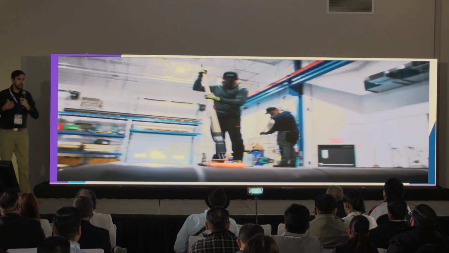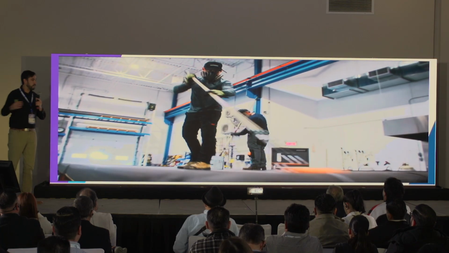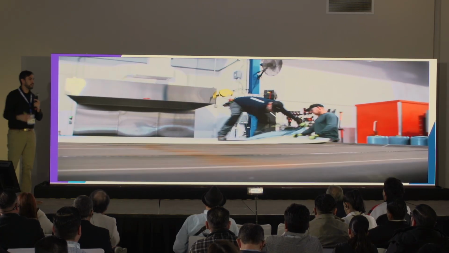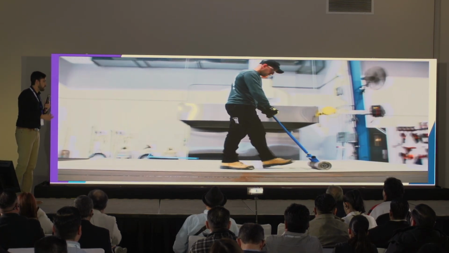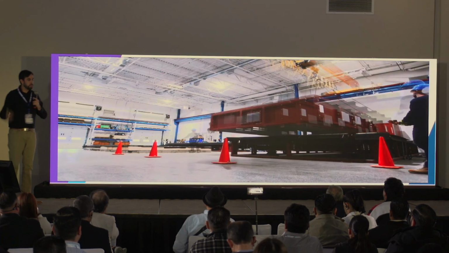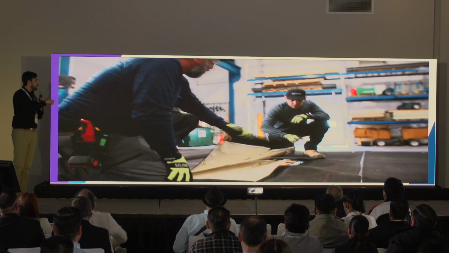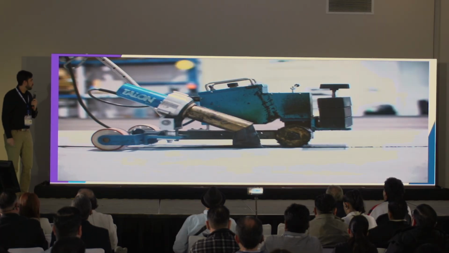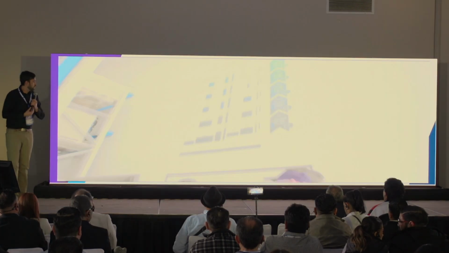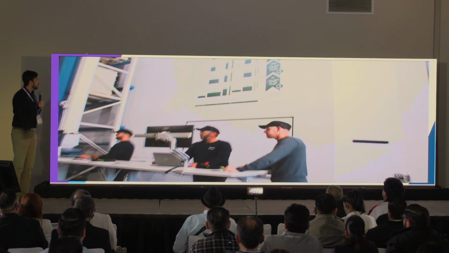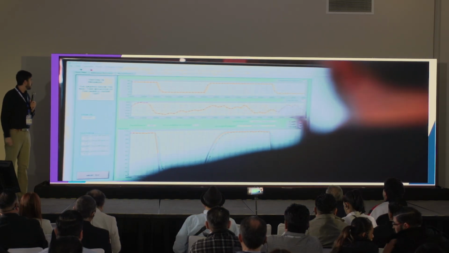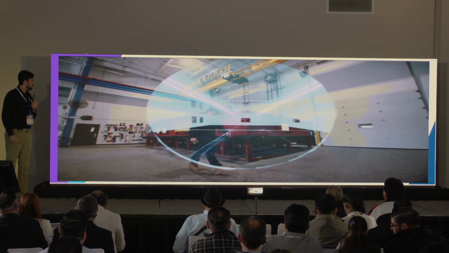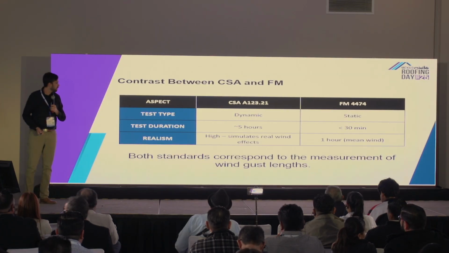We are able to test a 12 by 24 concrete deck as well. So we can do the whole spectrum of roof assemblies with that type of equipment. You see the same chart on top.